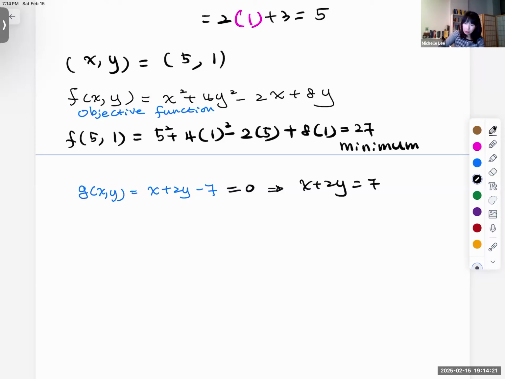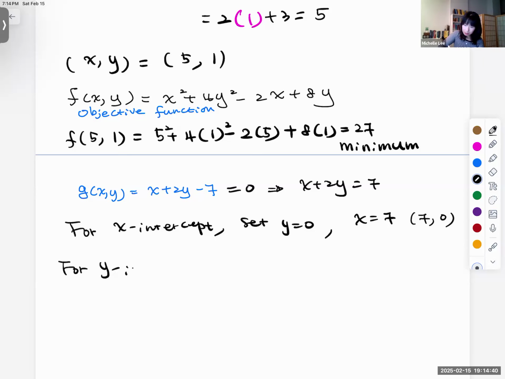All right. So for the x-intercept, how do you find it? Set y equal to 0, then x equal to 7, right? So we get (7, 0). For the y-intercept, set x equal to 0, then we have 2y equal to 7, which is y equal to 7 over 2. So we have (0, 7 over 2).